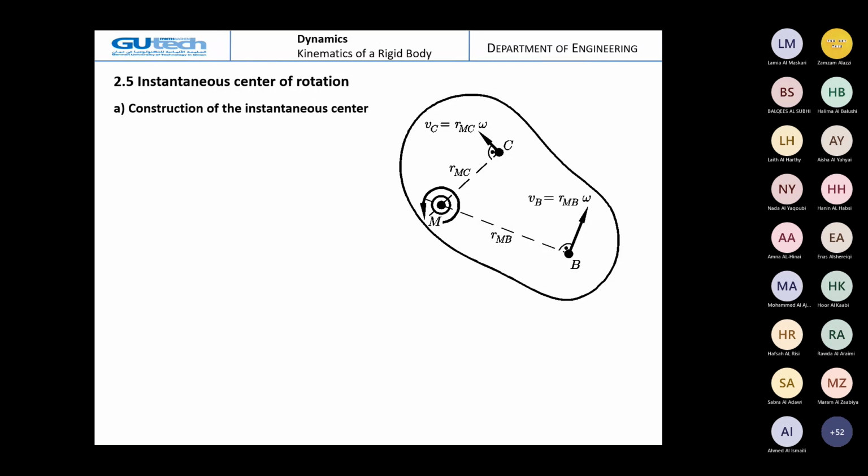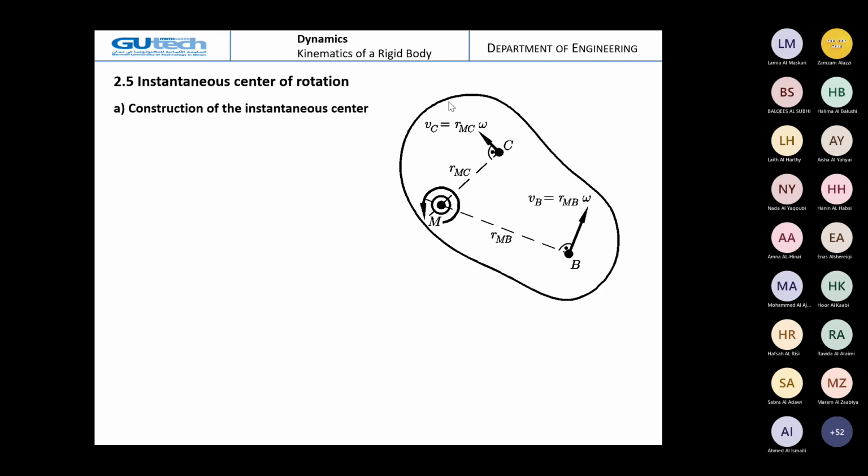Now, how to draw it or how to know exactly where the center of rotation is when you have any body. If we know two points on this body where we have their velocity, in our case here, for example, you have the point B, you have the point C. What we need is only to know the direction of this velocity.